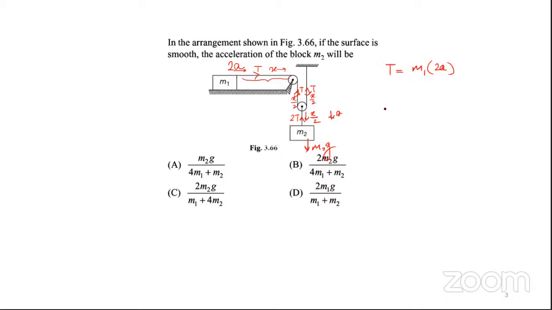So this will become M2G minus 2T equals M2A. If we substitute this T from the first equation into the second, we'll get M2G minus 2 into M2A.